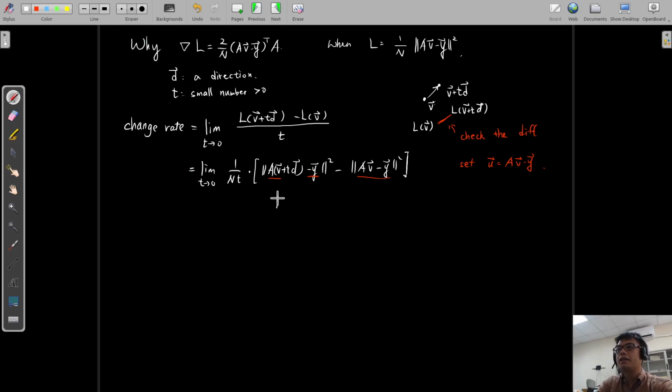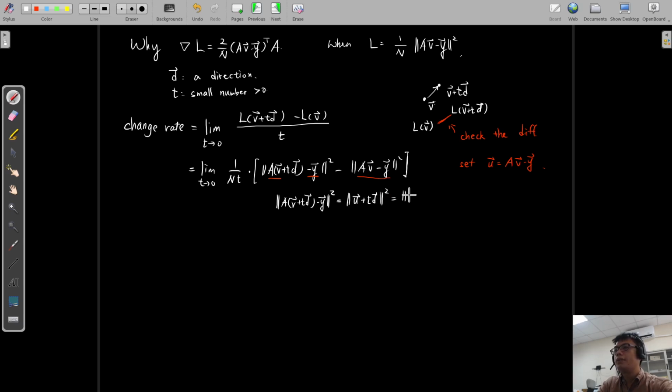This is some calculation you can do. The first term can be expanded into parts. It is u plus td, squared.